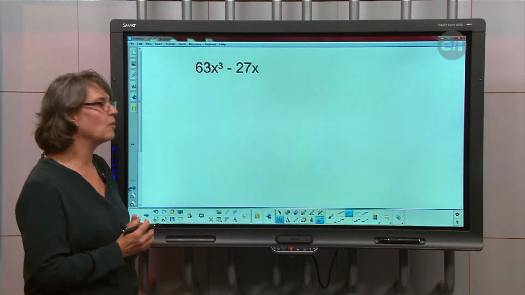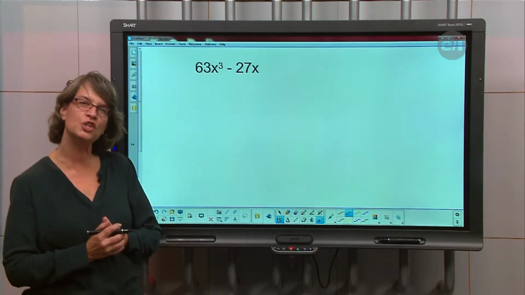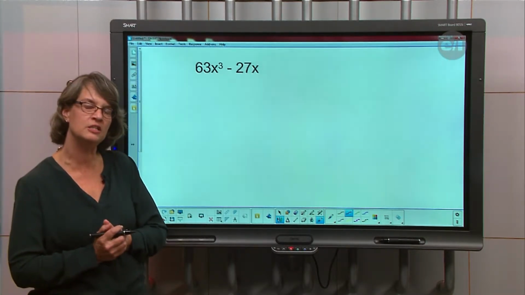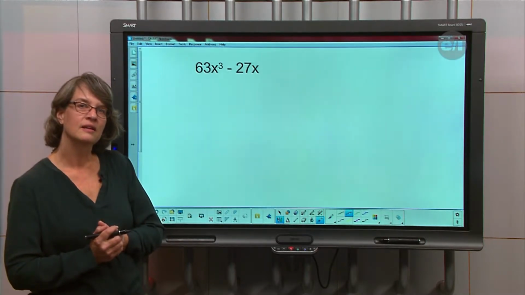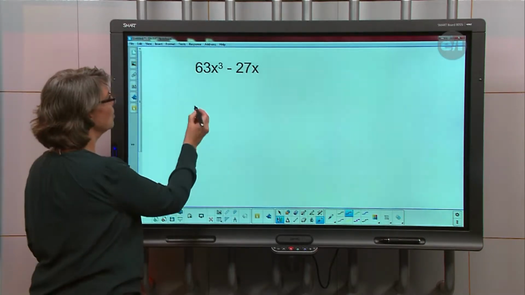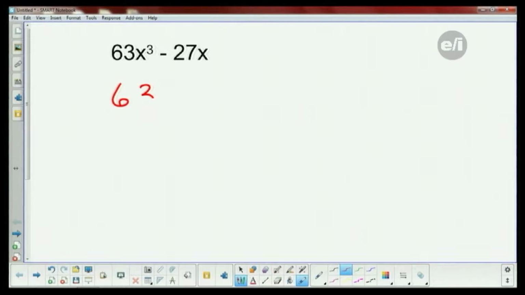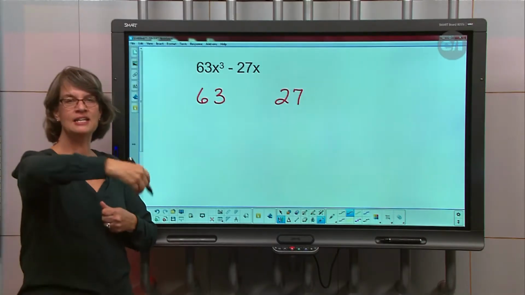Okay, and are we going to keep the x's with the numbers, or are we just going to do the numbers? Which way does your teacher teach it? First, usually my teacher would do the numbers. Okay, we'll do that. So we're going to do 63 for one of the factors, and then 27's the other one, right? Yeah. Okay, so what number do you know will divide into 63?